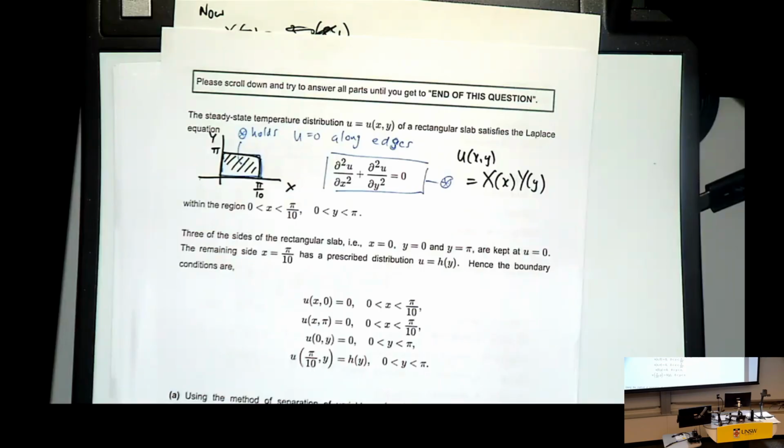If we're solving this problem, what would we try to do? How might we determine big X and big Y functions?